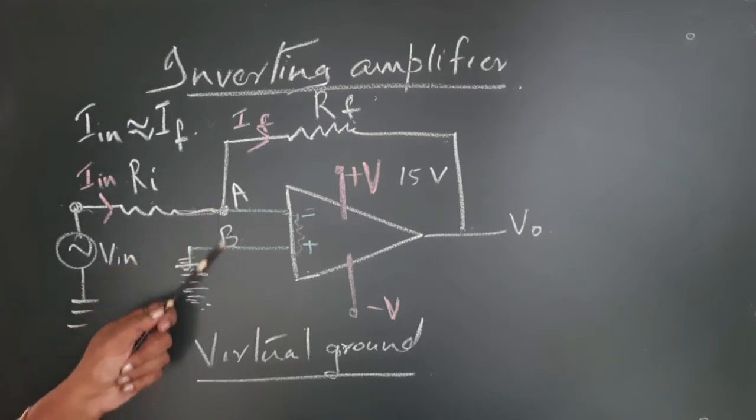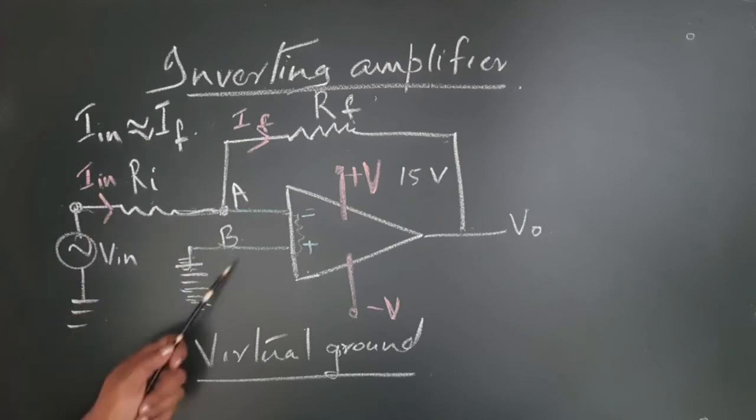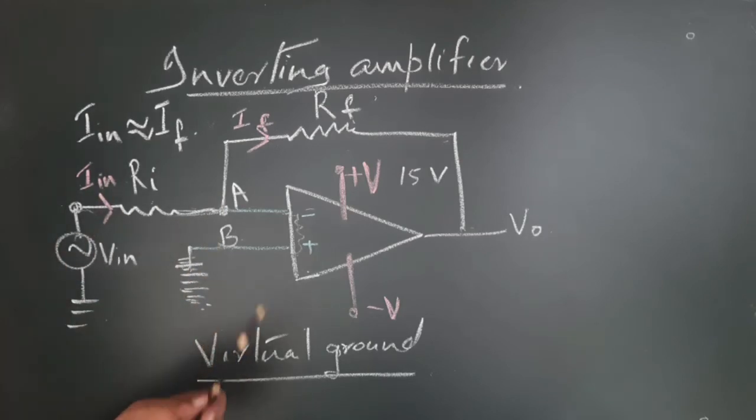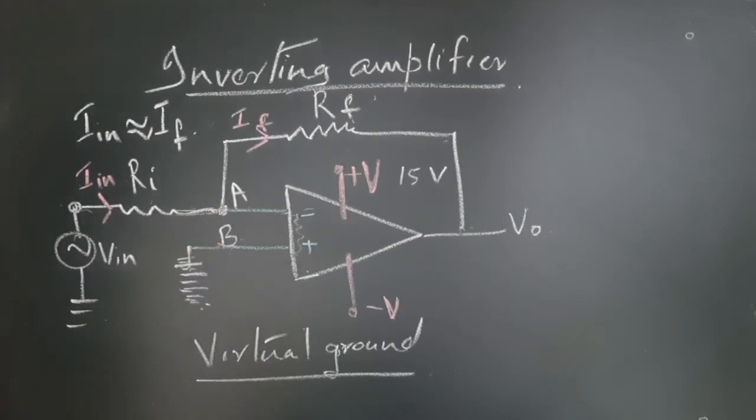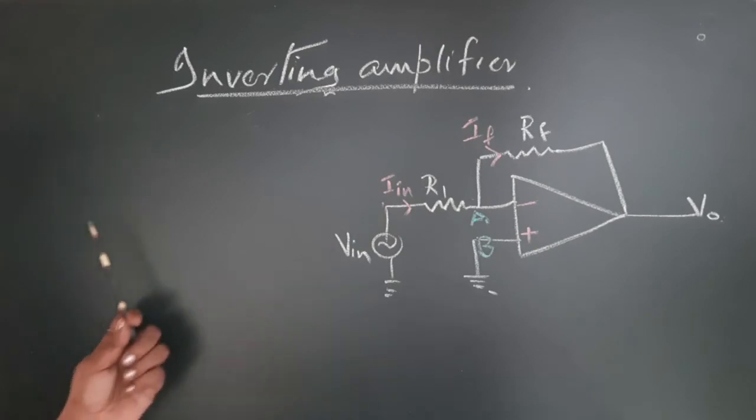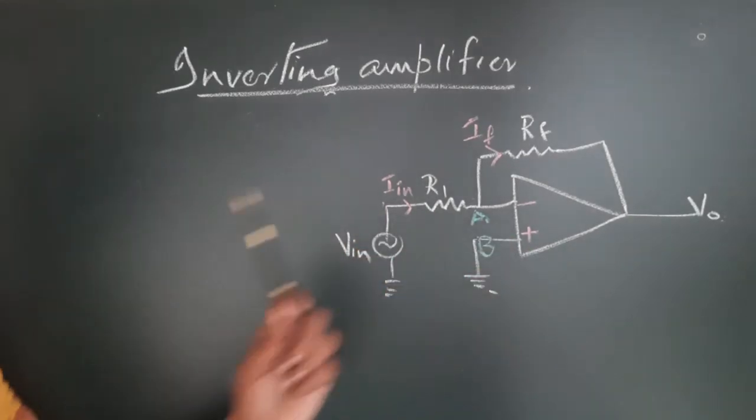So, A and B are now at the ground potential, and A is called the virtual ground. Only if you understand this concept, can we understand the working of an operational amplifier. So, I have redrawn the circuit to the side.